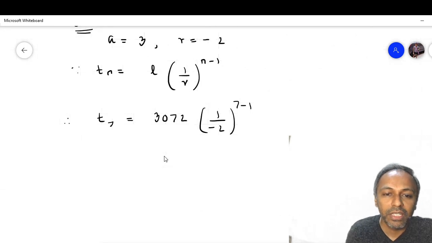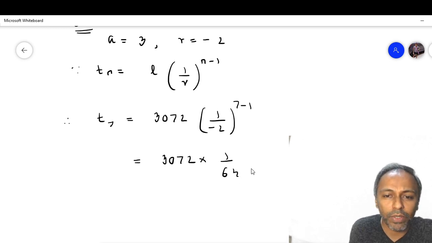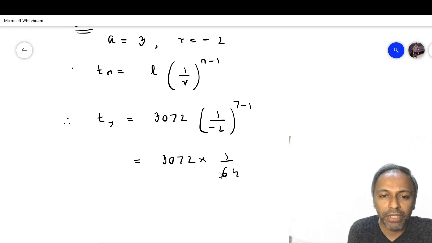Let's evaluate this. This becomes 3072 into (1 upon minus 2) raised to 6. 2 raised to 6 would become 64. Is it okay? Yes, you can verify it.